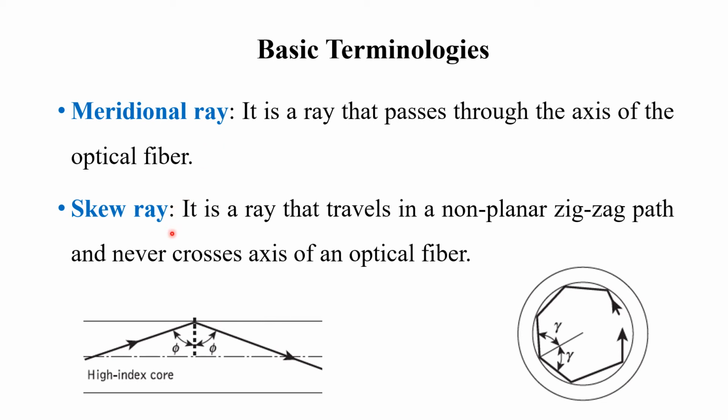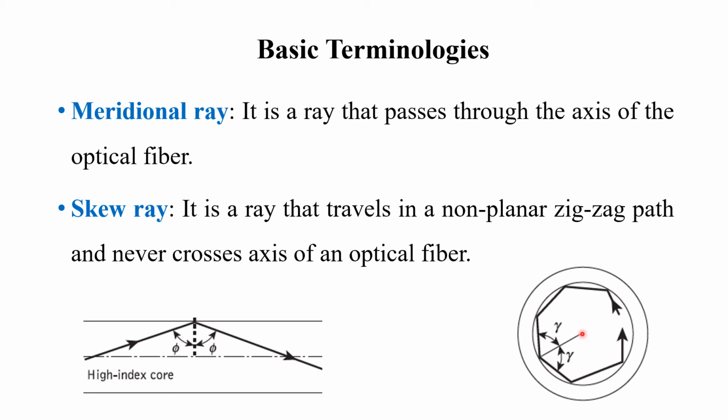Now coming to the skew rays. It is a ray that travels in a non-planar zigzag path and never crosses the axis of the optical fiber. Again, the axis remains the same, the core concept remains the same, but the light that travels through the optical fiber will be of this form.